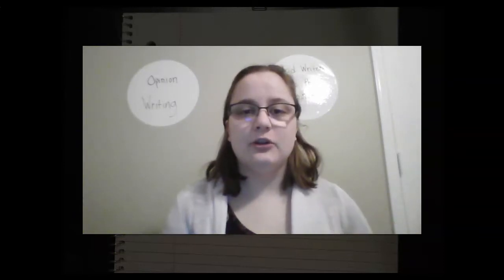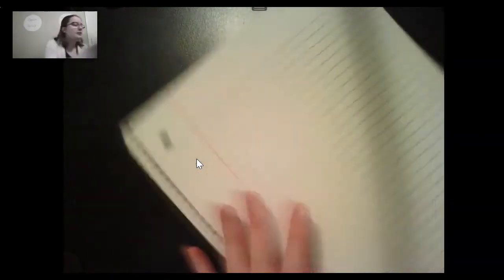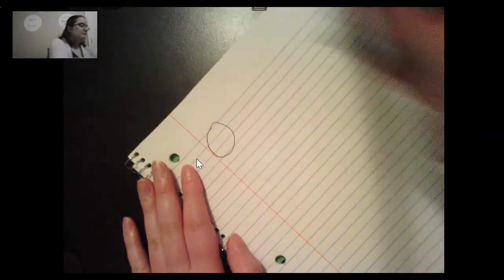And the first thing that we're going to do is go ahead and set up our graphic organizer. So remember, first, the same one that we did last week, we're going to have our O, because that's where we're going to state our opinion.